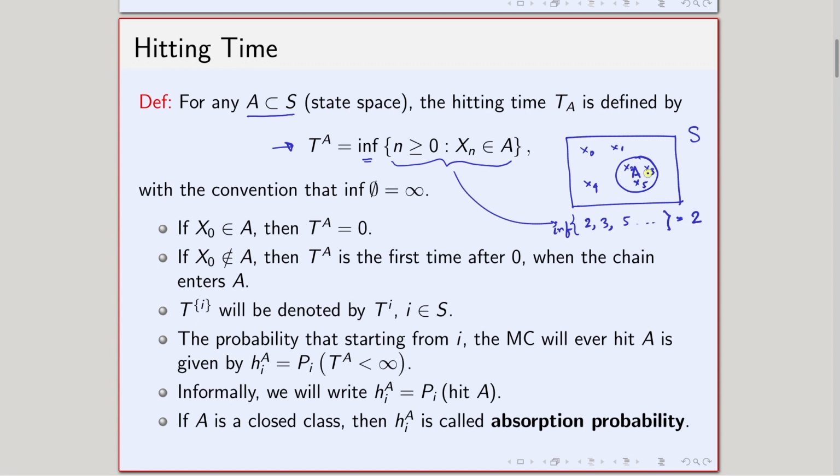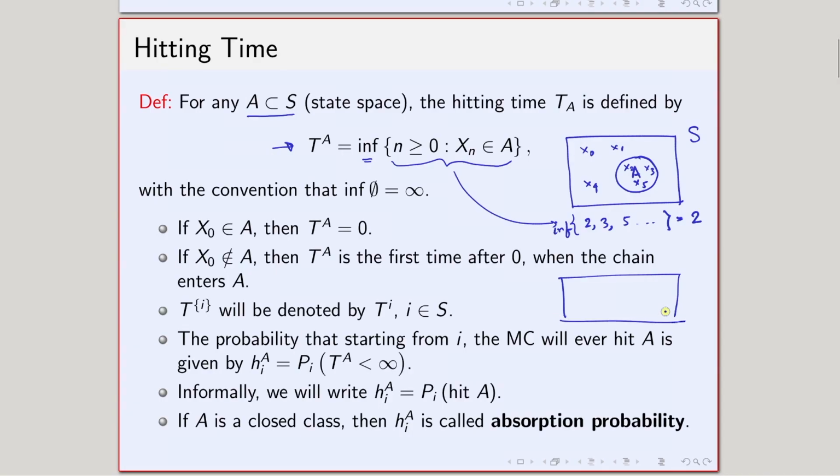Intuitively, if the chain starts from outside, this 2 is the time at which the chain enters the set A for the first time. So, the hitting time is the first time the chain enters a particular set under consideration, if the chain starts from the outside.